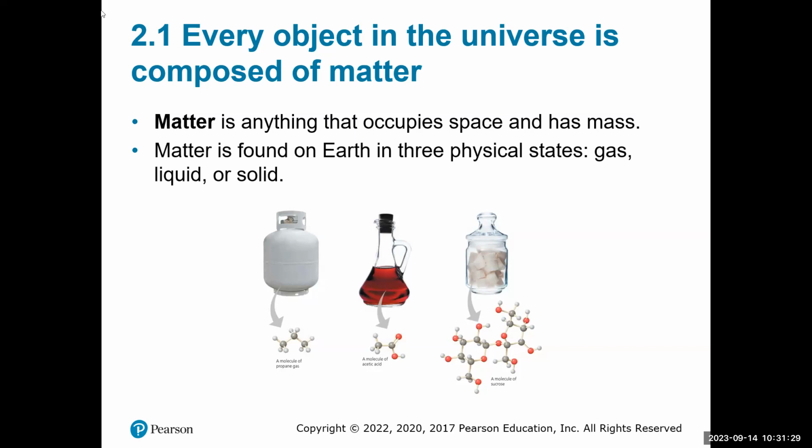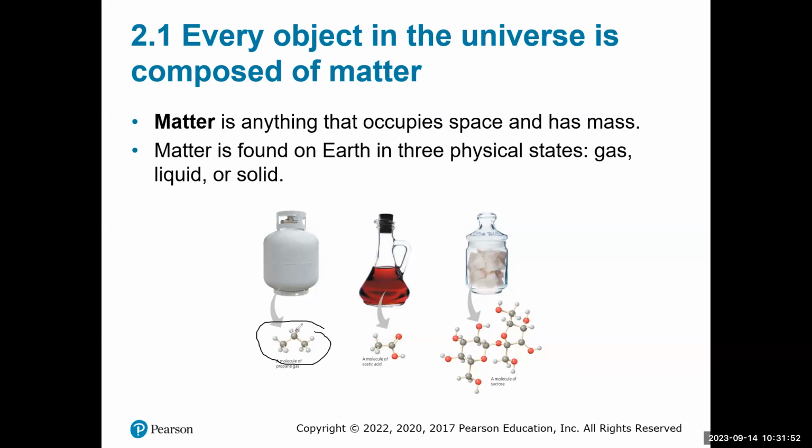Now these little pictures down here, I'm going to try to annotate with my little pencil. These pictures represent what the molecule looks like if we used a model that was beads.